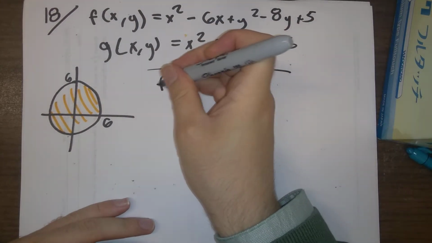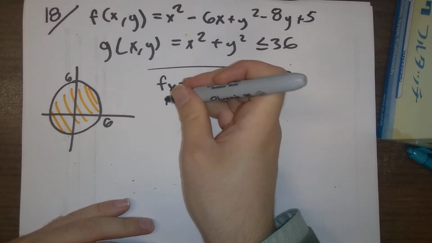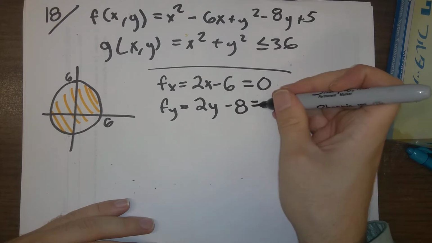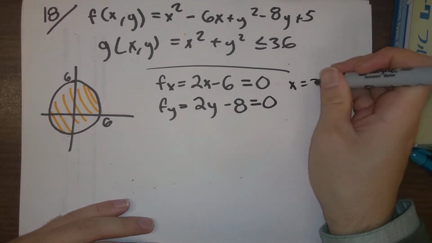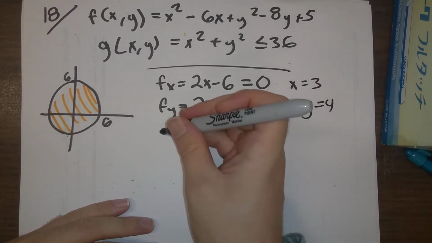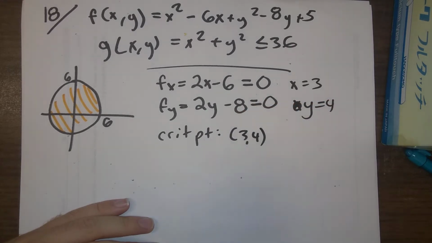To find critical points, we know we have to take the partial derivatives and set them equal to 0. So 2x minus 6 is equal to 0, 2y minus 8 is equal to 0. So x is 3, y is 4, and so our critical point is (3, 4).